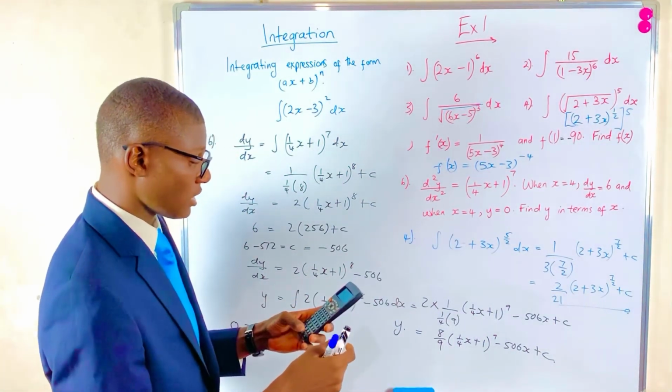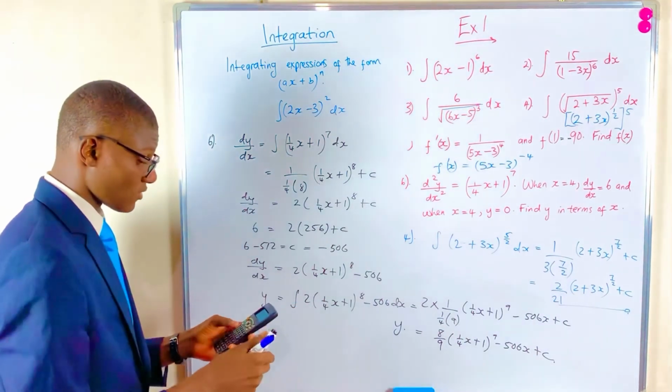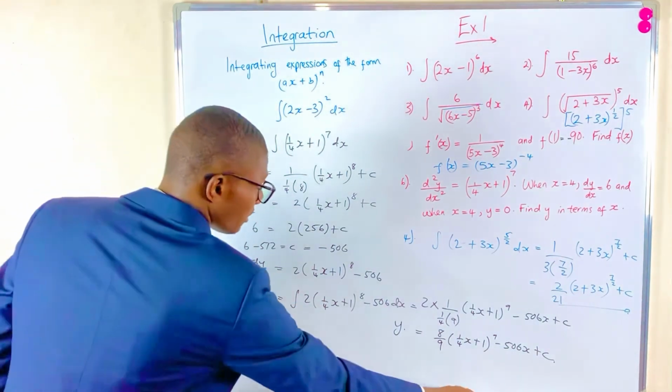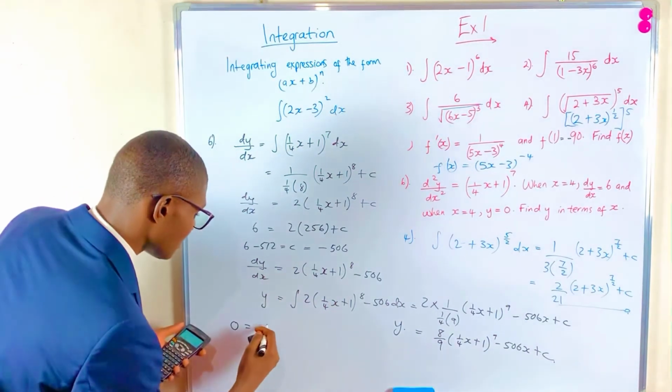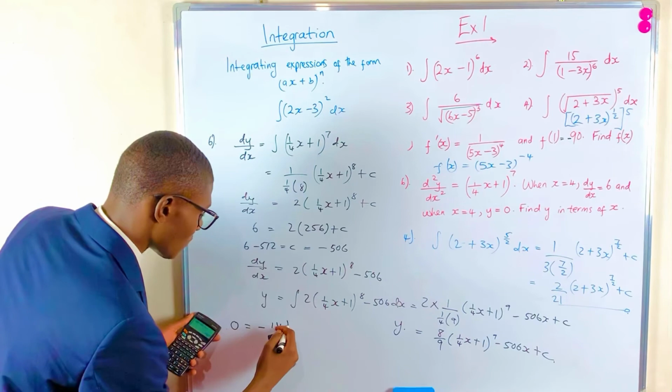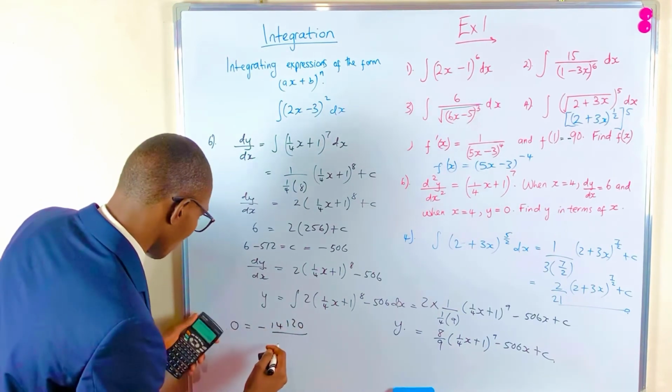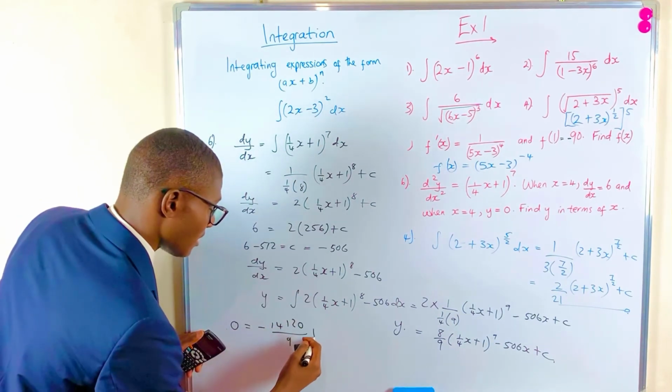Right, we get quite a weird answer as well, which would be 0 is equal to minus 14,120 over 9 plus c.